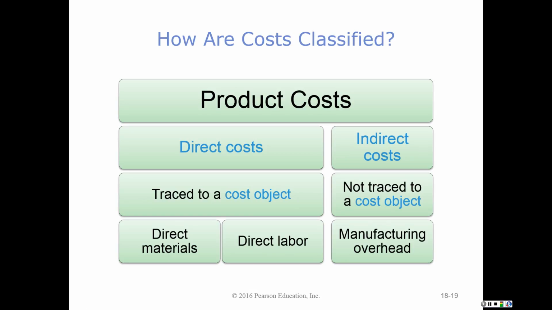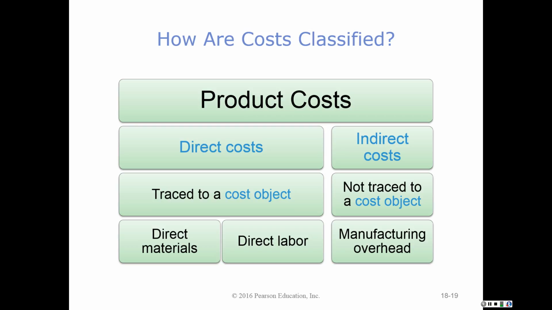The first of those is considered a product cost. When we mention product cost, we are talking about costs that are specifically tied to the manufacture and production of our inventory.